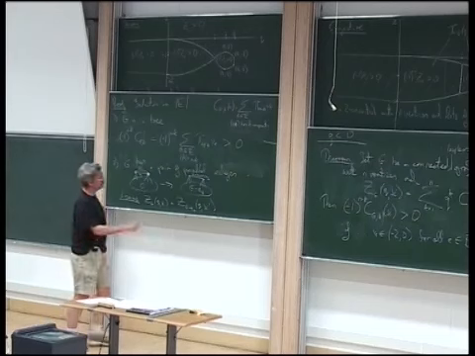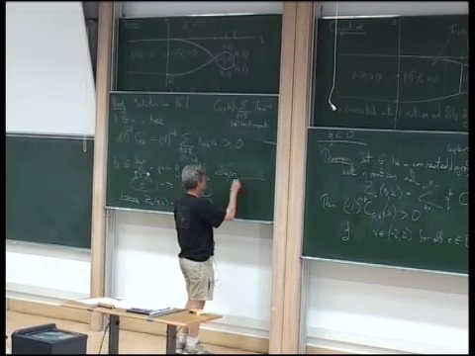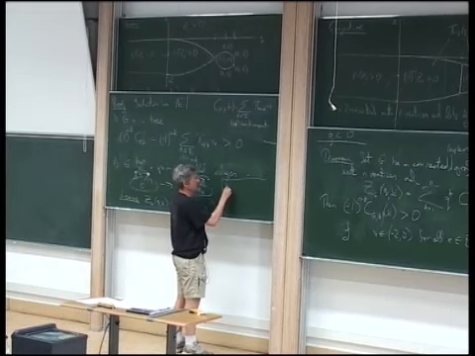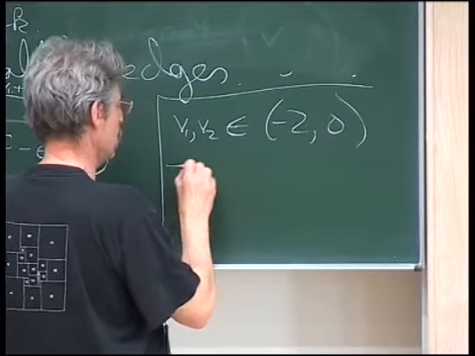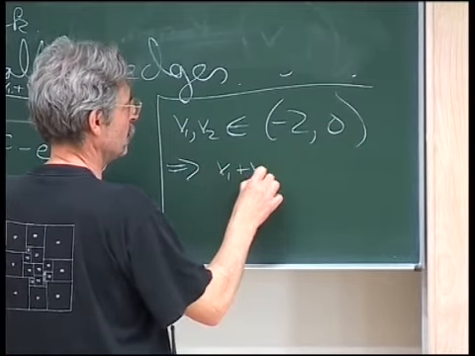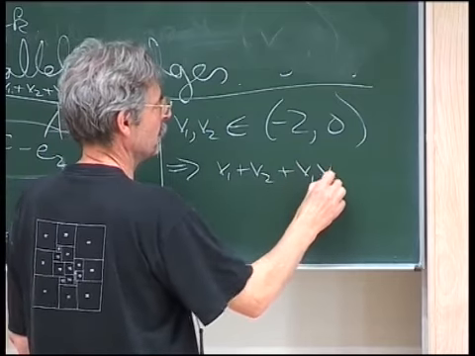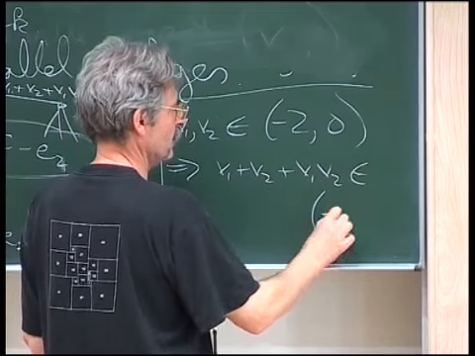So now we just apply induction, and we use the fact that if v1 and v2 belong to [-2, 0], then v1 plus v2 plus v1 v2 belongs to [-2, 0].